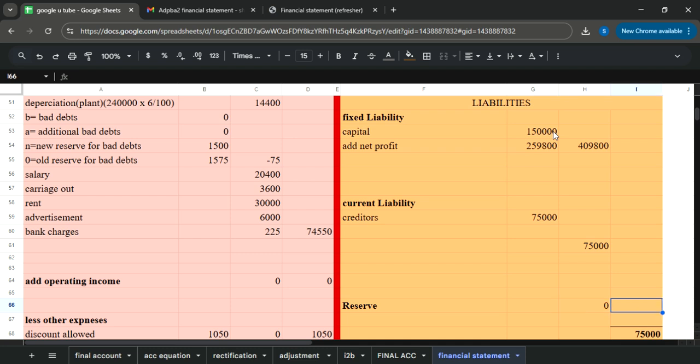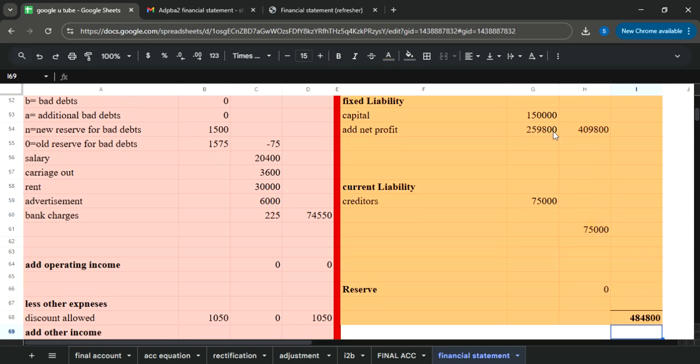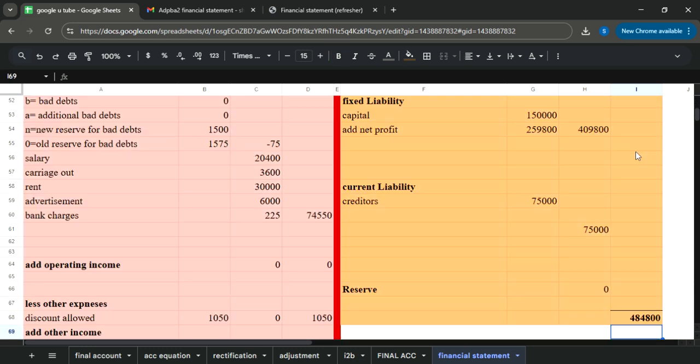It means finally you can calculate total of liability side, where fixed liability, current liability, and reserves would be calculated. Here your balance sheet answer is 484800, and your answer is also 484800. So liability side is completed.